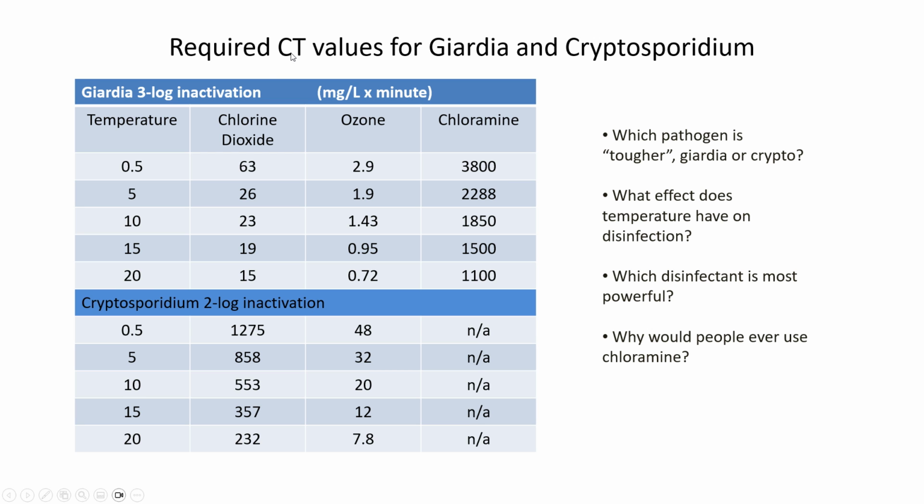So with this model, just for instance, if you had 5 degrees Celsius water and you only had 1 minute of contact time before you needed to consume the water or before you needed to move it out of the contact chamber and into the distribution network. So 1 minute at 26 milligrams per liter would achieve the same thing in theory as 26 minutes of exposure multiplied by 1 milligram per liter.